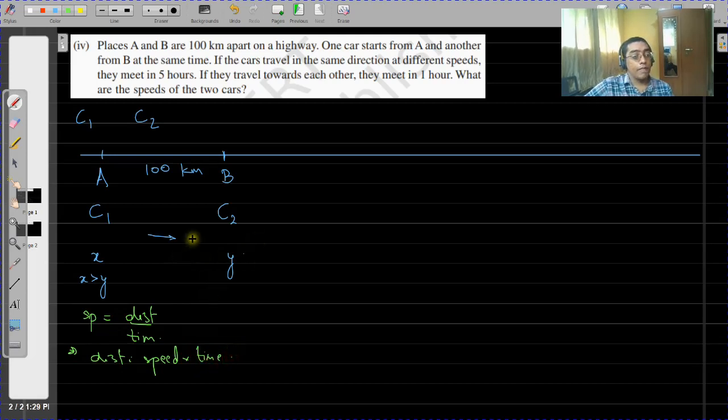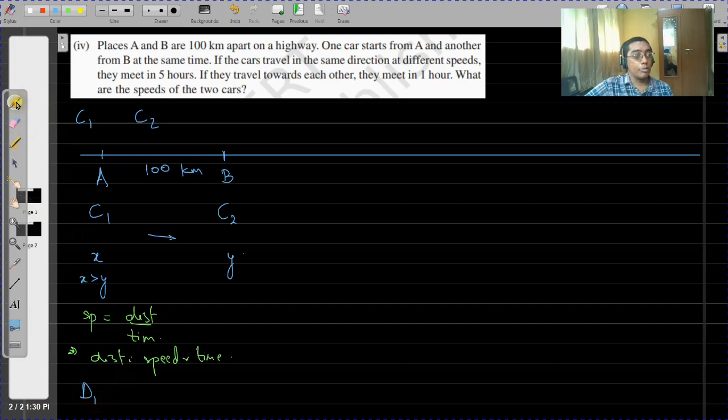So we have 5 hours given here in the question. So in 5 hours, car 1 travels a distance. Let us call it D1. Car 1 travels D1 distance.